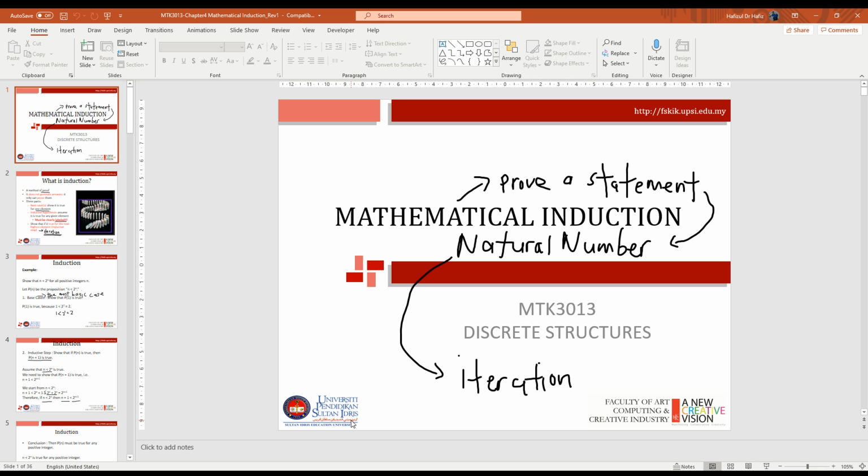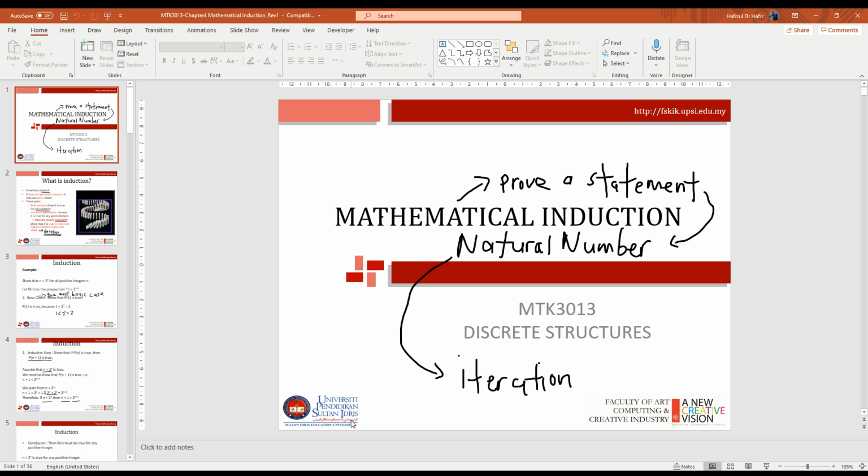It is chapter number 11. It is named mathematical induction. For mathematical induction, first is to prove the most basic case.